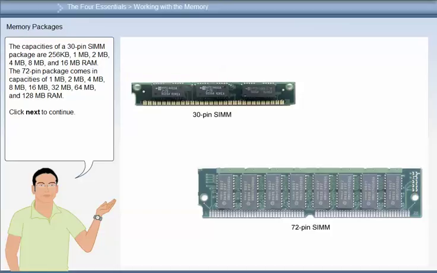The capacities of a 30-pin SIMM package are 256 KB, 1 MB, 2 MB, 4 MB, 8 MB, and 16 MB RAM. The 72-pin package comes in capacities of 1 MB, 2 MB, 4 MB, 8 MB, 16 MB, 32 MB, 64 MB, and 128 MB RAM.